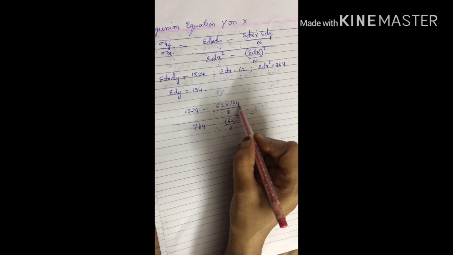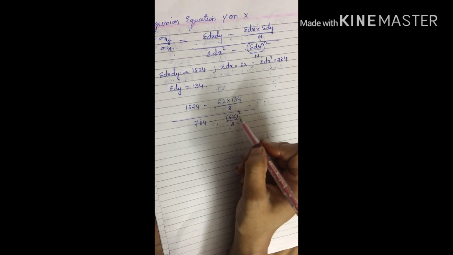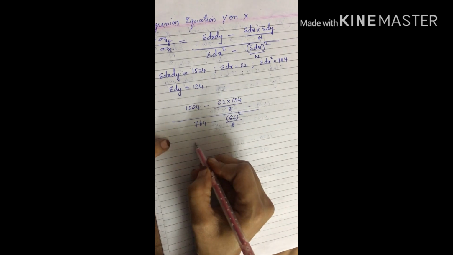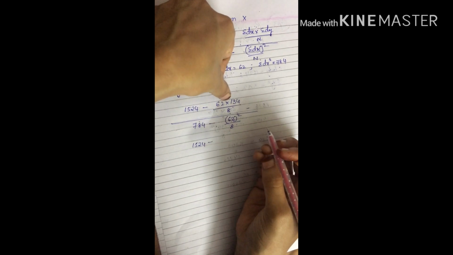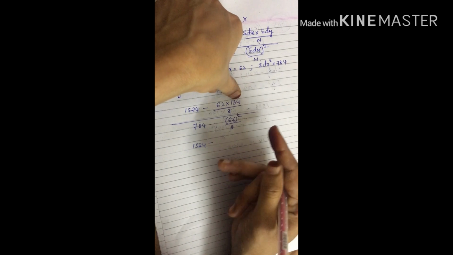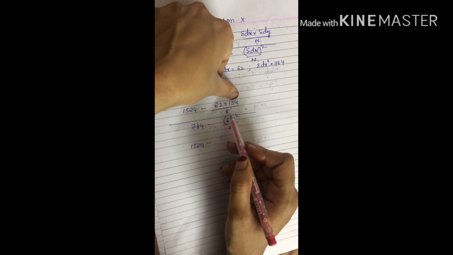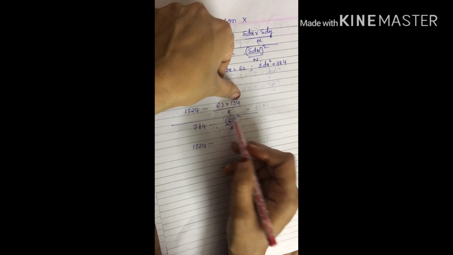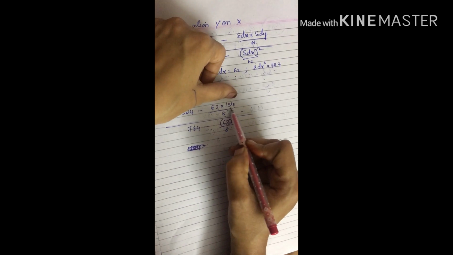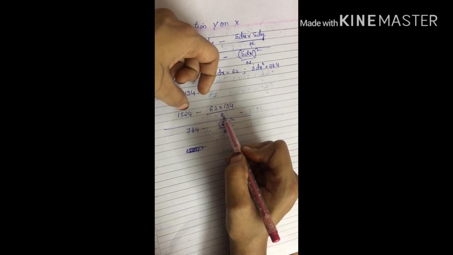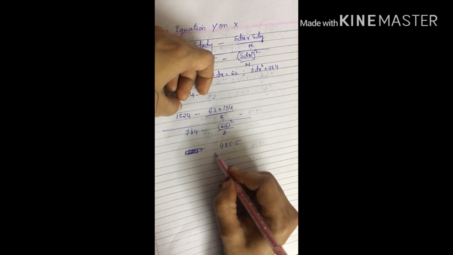So now multiply first, then divide. Like 62 into 62, then divided by 8. 1524 minus 62 into 134 divided by 8. I'll write direct values. First you multiply 62 into 134 divided by 8, then subtract this, so we'll get 485.5.